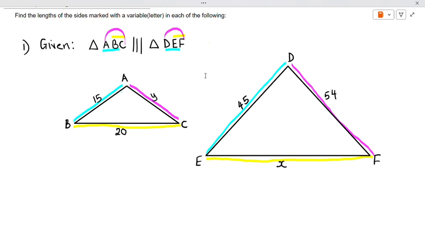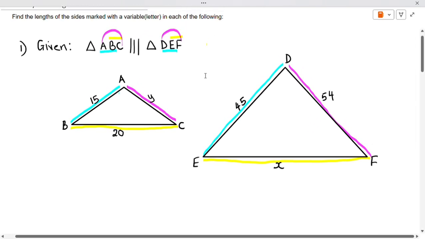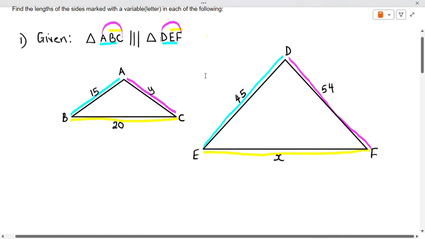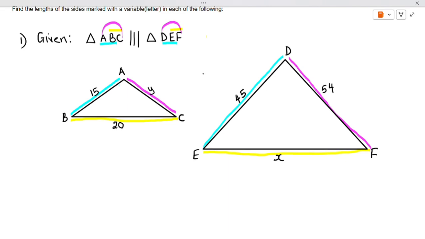So if I look at the lines in the blue, you can see that we're working with AB and DE. What I normally do, it doesn't matter, the most important thing here when you're finding the unknown is that if you're starting with the small triangle over the big triangle, then you must start with the small triangle over the big triangle.